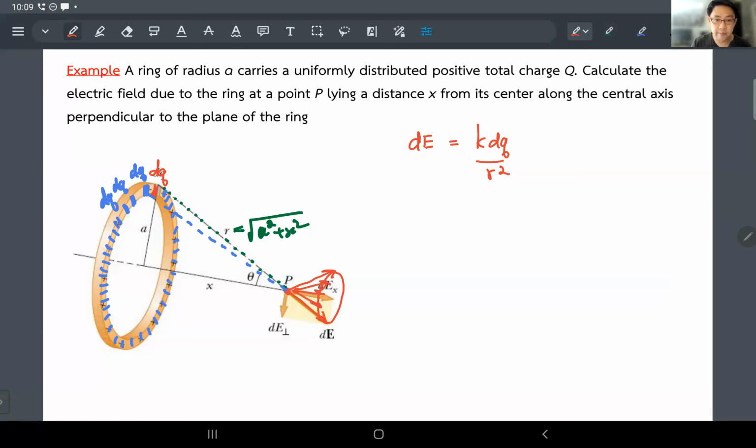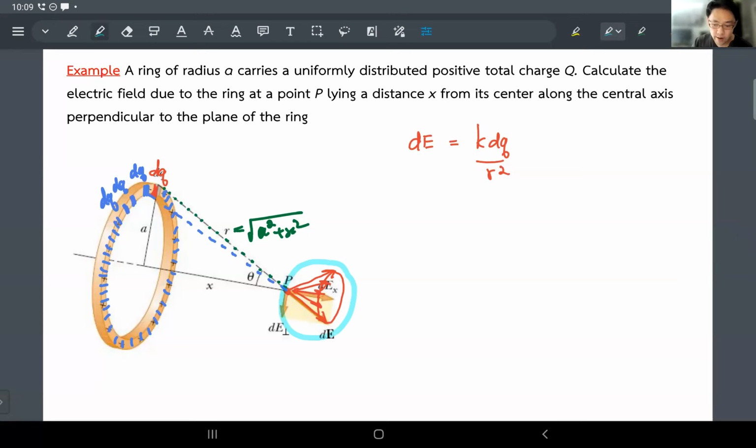I hope my drawing makes sense to you guys. You're going to get a lot of dE, dE, dE on the side surface of the cone, and that's what you want to do the summation on. You want to sum all those vectors pointing on the side surface of this cone.